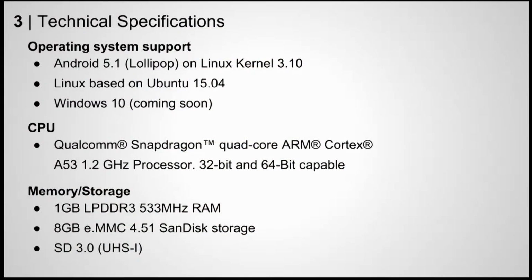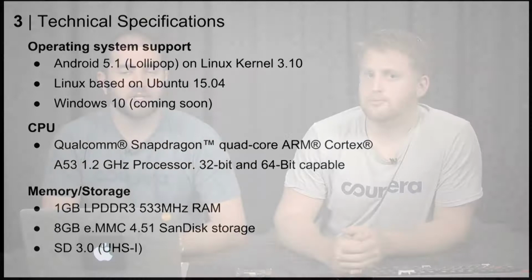There's a decent amount of RAM, so you have 1 gigabyte of RAM on board, and then there's some small storage capabilities. I think you have 8 gigabytes on the SanDisk, and then you also have the non-volatile memory as well. Yeah, so the 8 gigabytes is basically where your operating system is stored on board, and then you have access to the SD 3.0 for non-volatile disk memory.